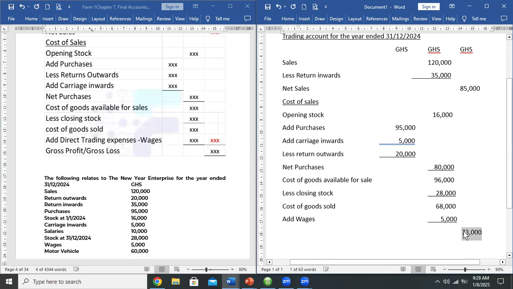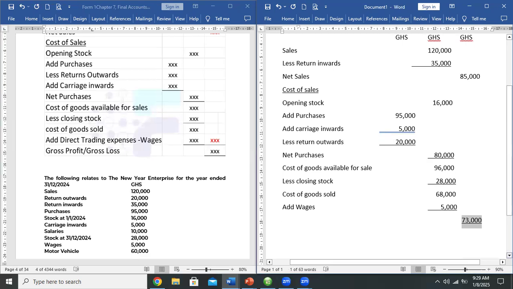And the figure you are going to get will now be your gross profit or gross loss. It is gross profit when the net sales is more than or greater than the cost of sales. And it is a gross loss if the opposite happens, right? So in this case, I think we are going to get a gross profit since the net sales is 85 and the cost of sales is 73.